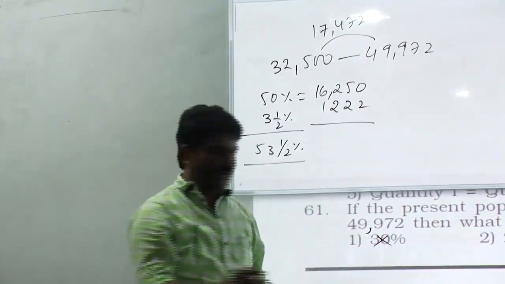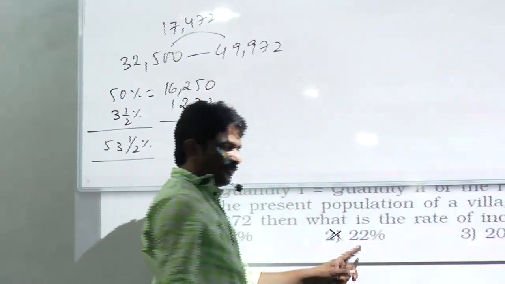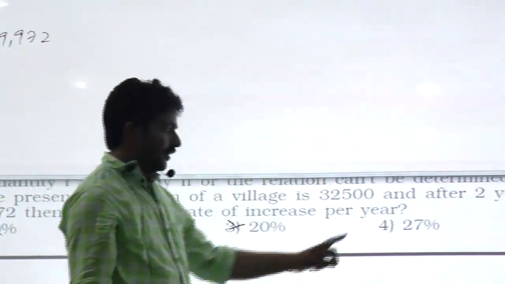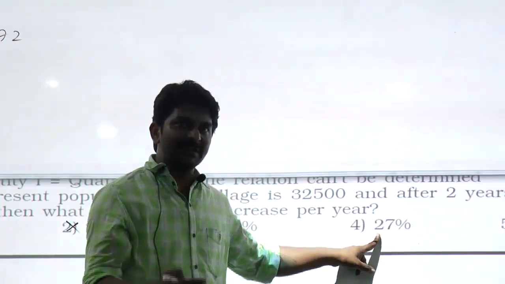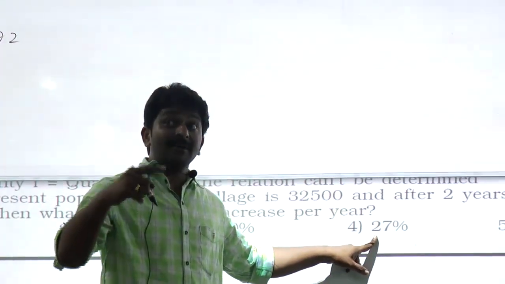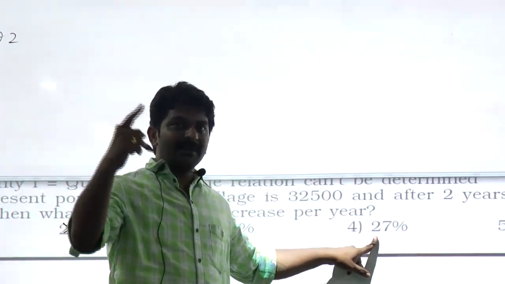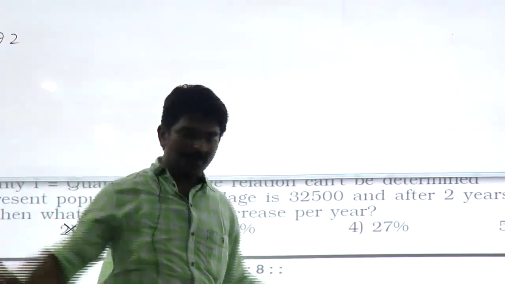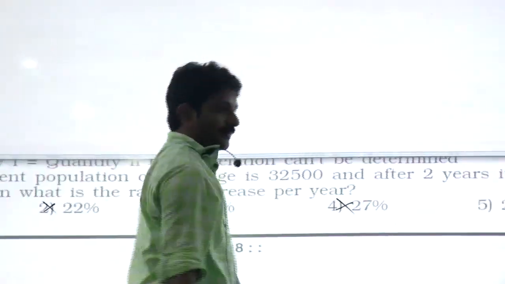Yes or no? This cannot be your answer. If 22 cannot be your answer, 20 can never be your answer. First year if you get 27%, second year you will get more than 27, that will be more than 54, but you have less than 54. This cannot be your answer.